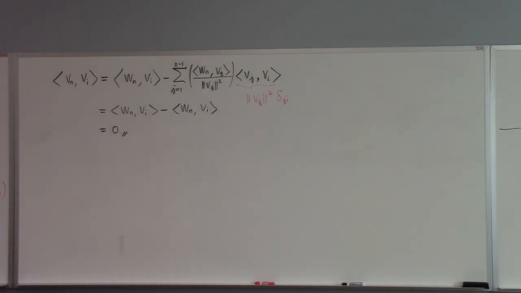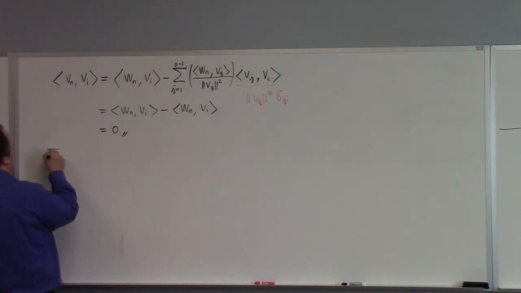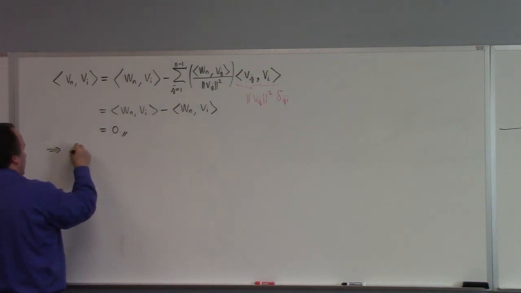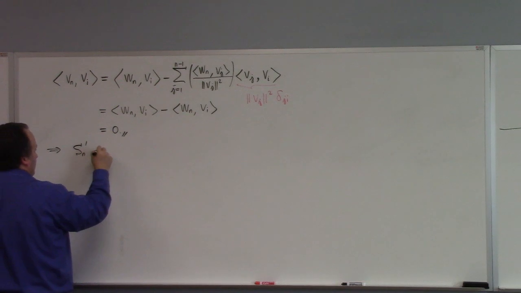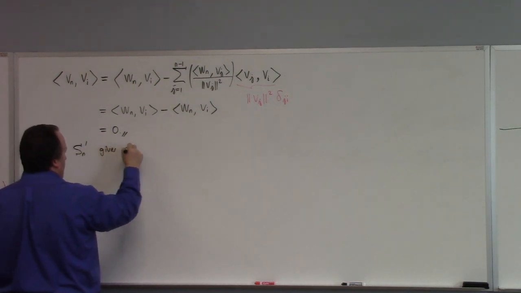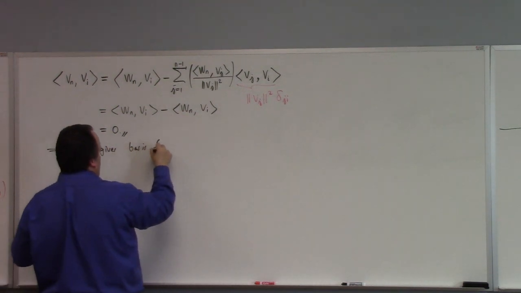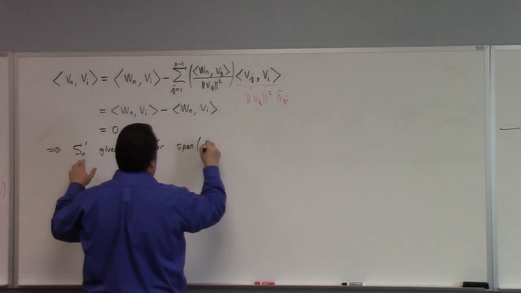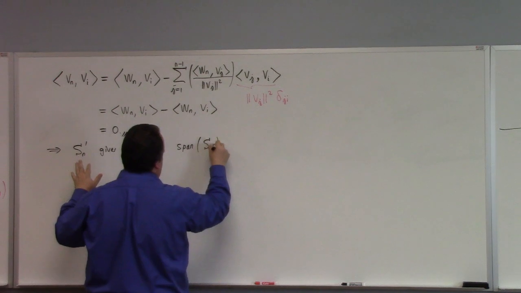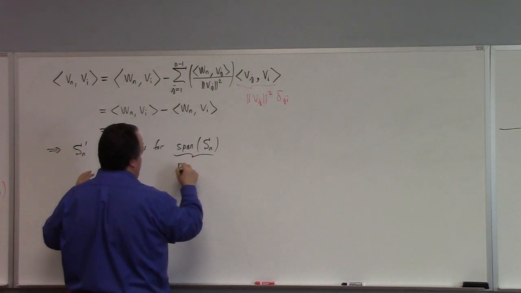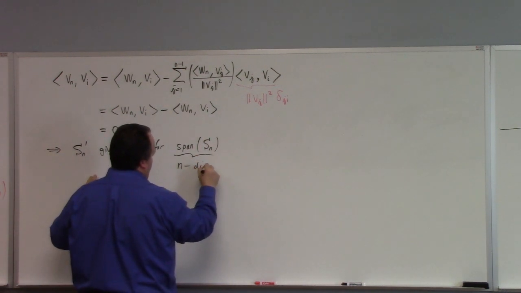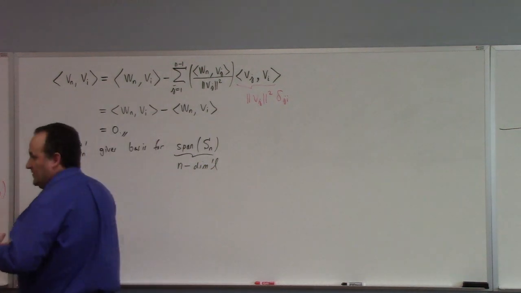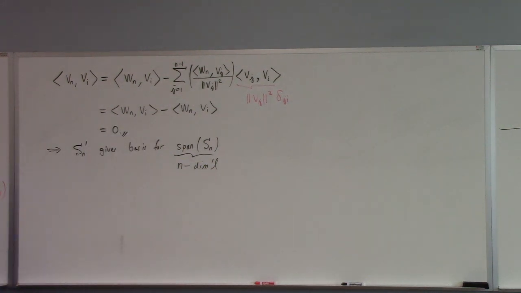basis for the span. So this basically tells me that Sn prime gives a basis for the span of Sn. And I know that the span of Sn is n-dimensional, right? By assumption, we have n linearly independent vectors.